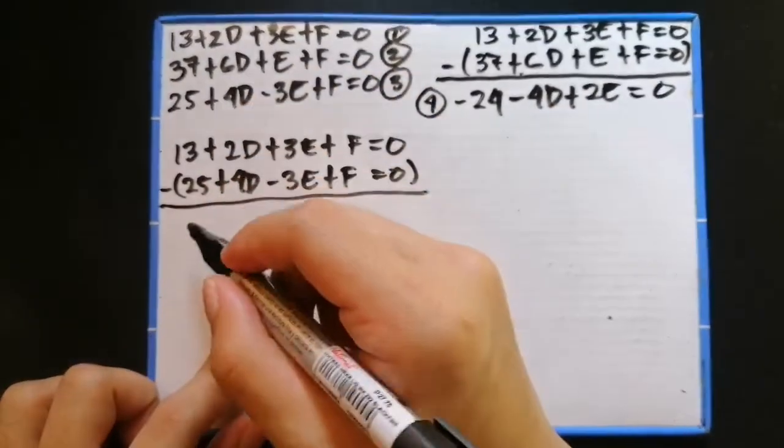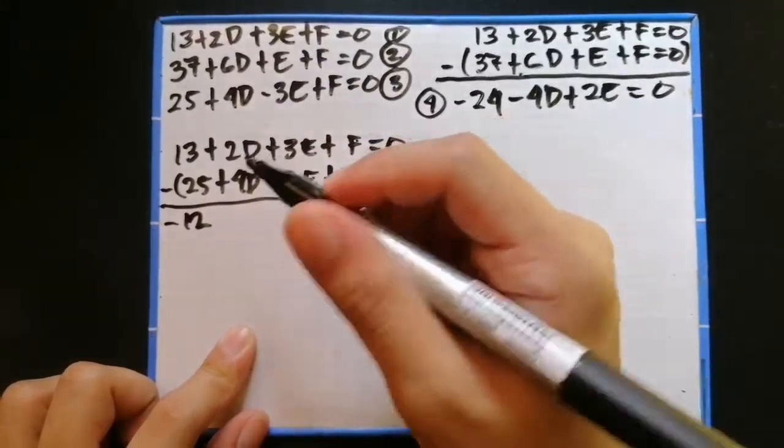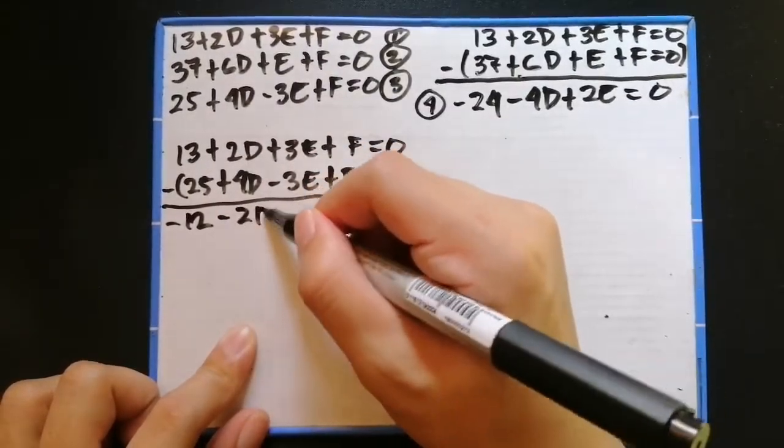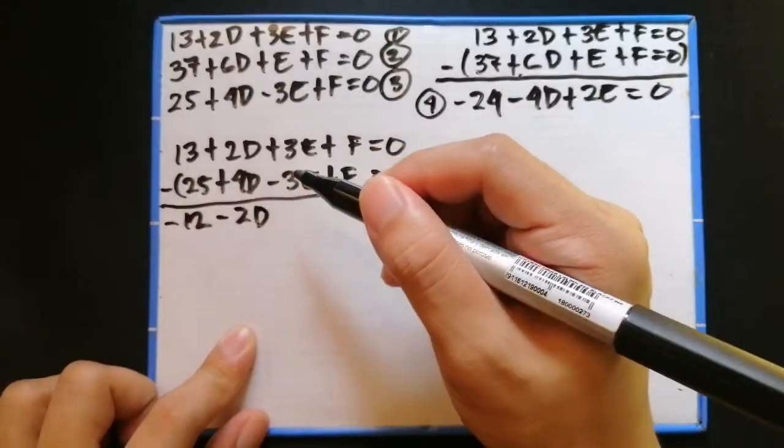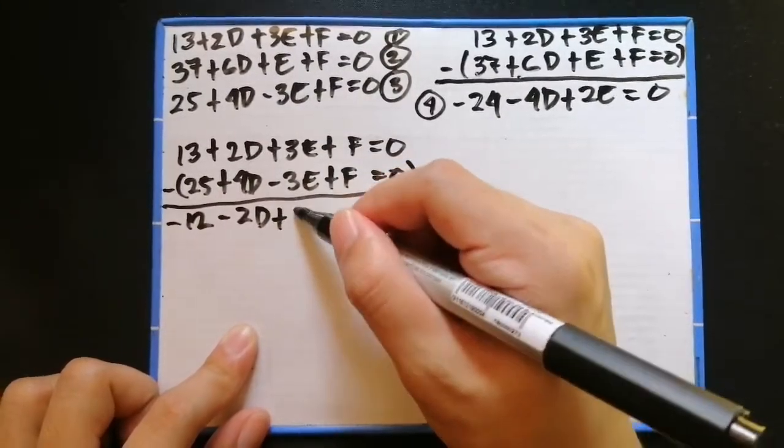So, 13 minus 25 would be negative 12. 2D minus 4D would be negative 2D. 3E minus the negative of 3E, so that becomes plus, plus 6E.